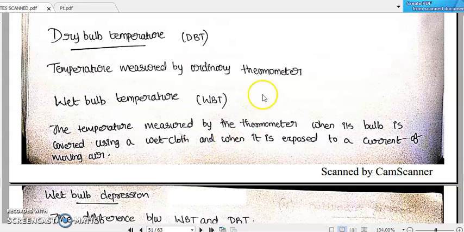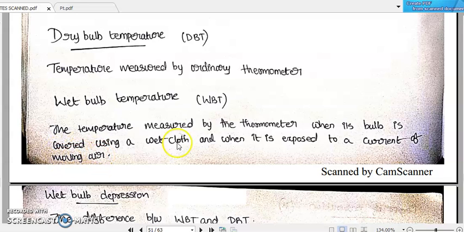Suppose we take the same ordinary thermometer and cover its mercury bulb using a wet cloth, and we rotate that arrangement in a current of air, or rotate that thermometer in ambient air. It is just like exposing the bulb of the thermometer to a current of moving air.